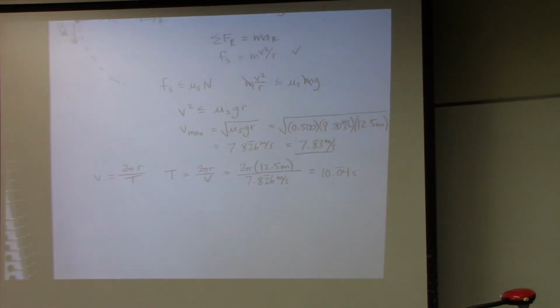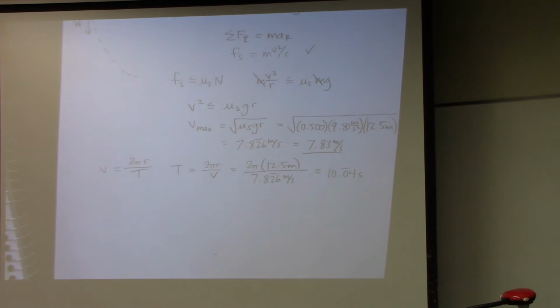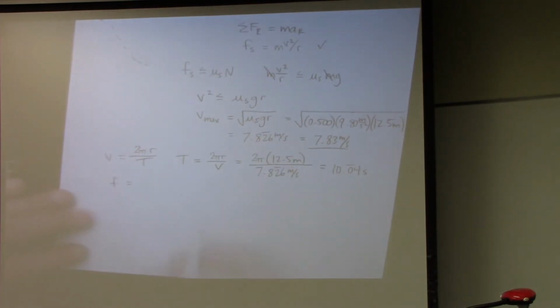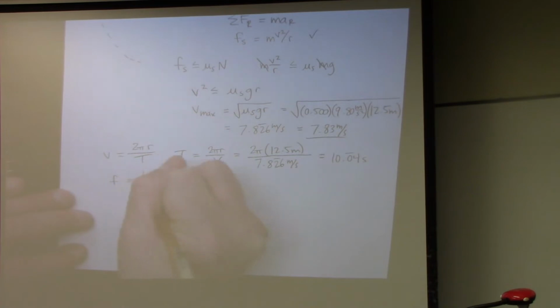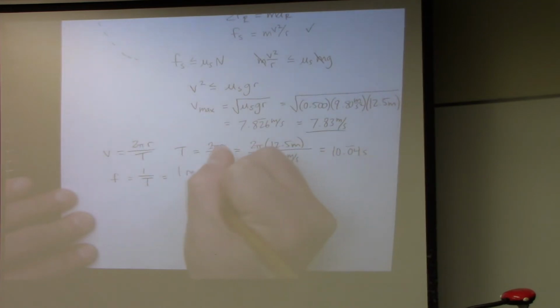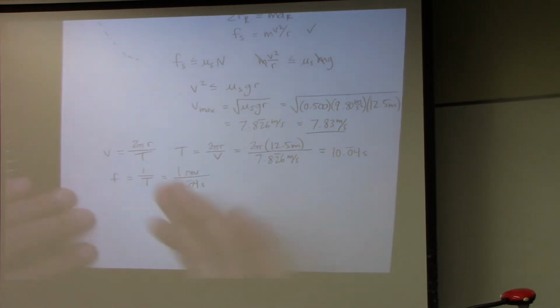So that's how long it takes to move in one complete circle when we're going at this speed. If we want a frequency, that's 1 divided by the period. So let's work that out. We make 1 revolution in 10.04 seconds. That's how we think about this in terms of frequency.